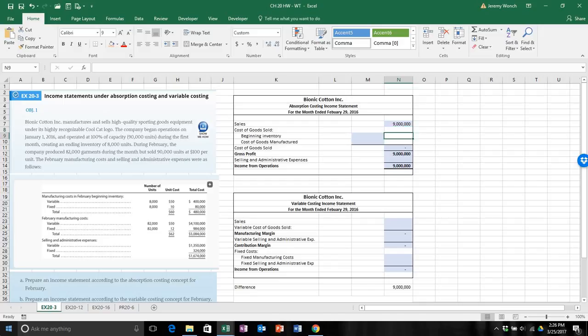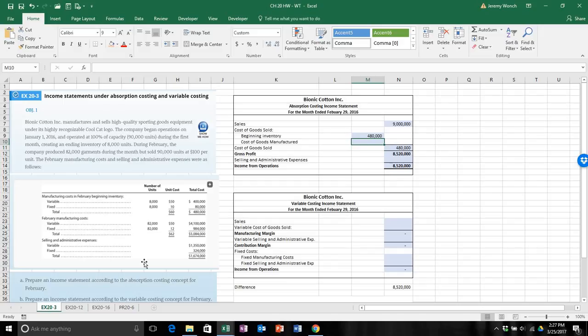Now we figure out our cost of goods sold, which consisted of what we sold out of our beginning inventory plus what we manufactured during the month. We sold 8,000 units out of beginning inventory, at a cost of 60 each.